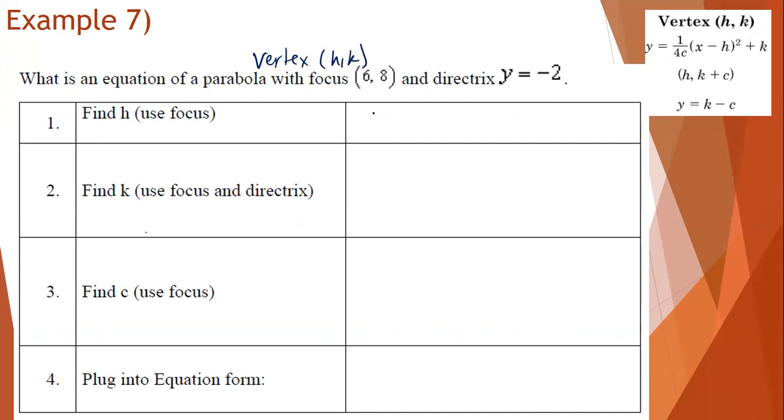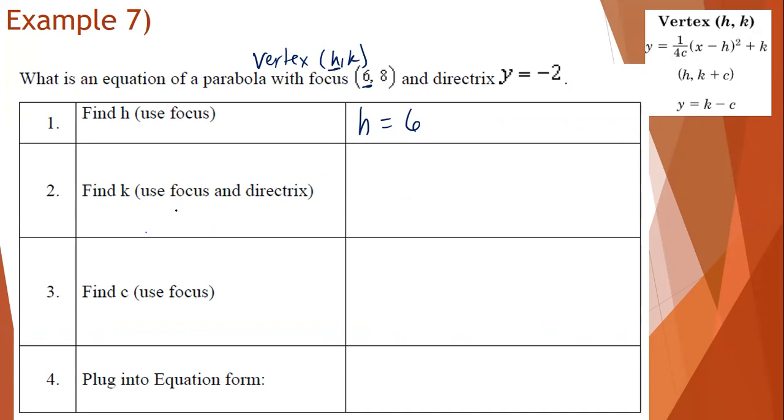So that means h in this case has to equal 6. Then we've got to find our k value, because we can't have a vertex without a k.